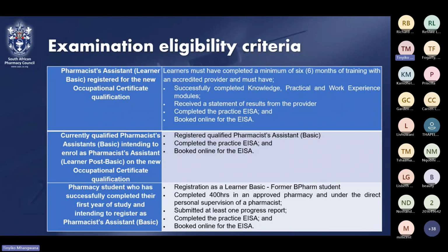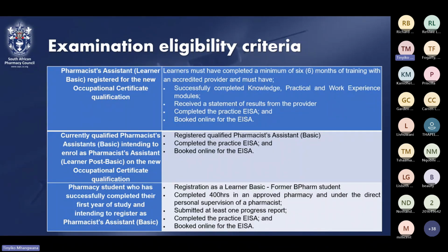The third category is the students who have completed their first year of BPharm degree or who intend to register as pharmacist assistant basic. For those that are currently enrolled for the new occupational certificate, those learners must complete a minimum of 6 months of training with the accredited provider.